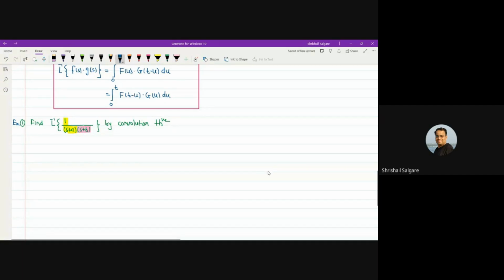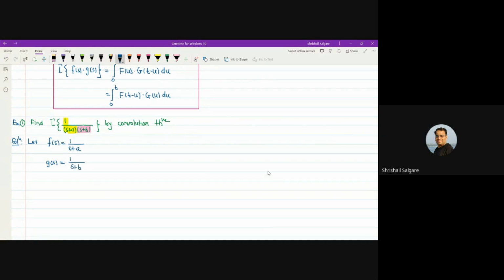Suppose f of s is 1 upon s plus a, and g of s is 1 upon s plus b.